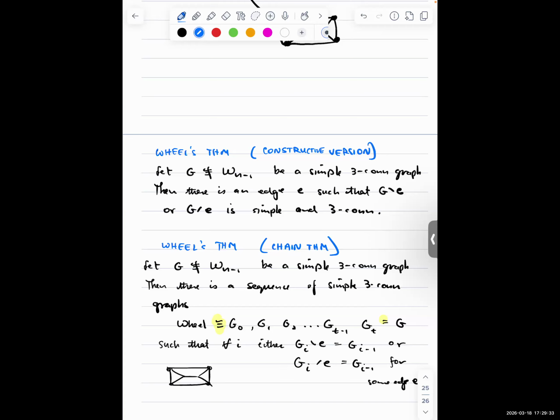So you start again with the graph and exclude the wheels. Then there's a simple 3 connected graph.